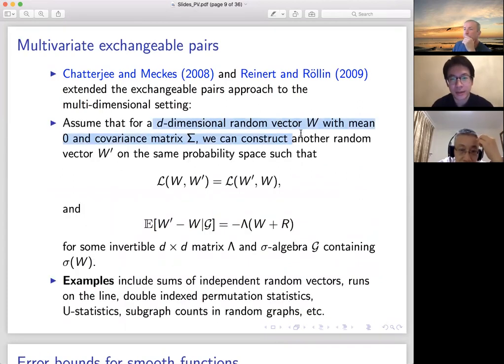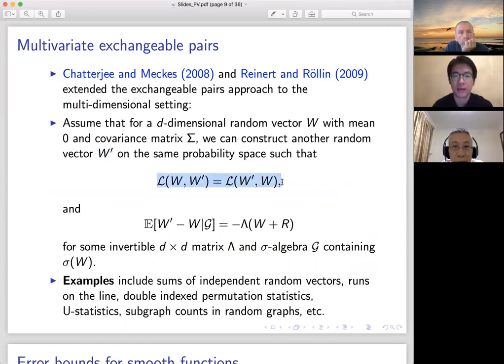Now we look at a d-dimensional random vector W with mean 0 and covariance matrix sigma. We assume that we can construct another random vector W prime on the same probability space such that, again, W prime is exchangeable, and we have some linearity condition. Here, for general purposes, they allow a small error term R in the linearity condition.